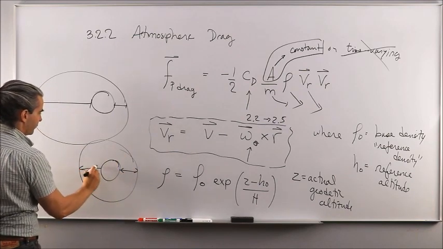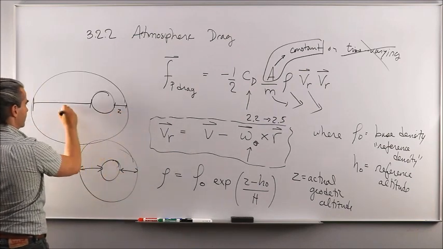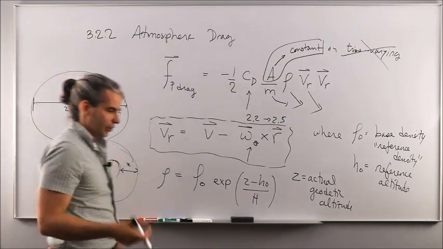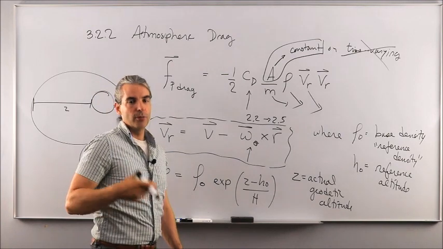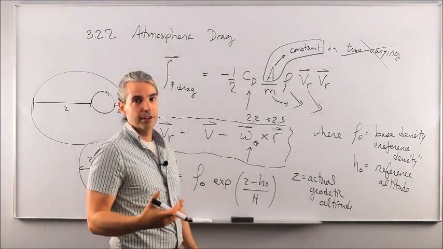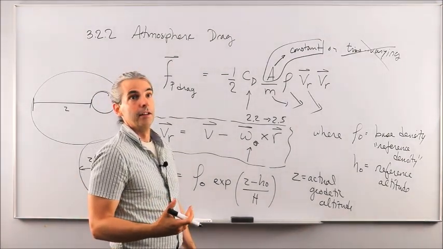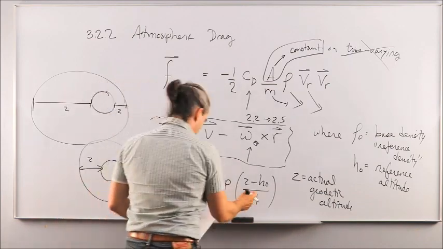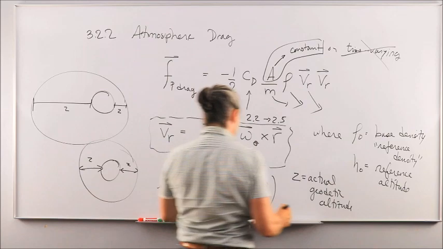Okay? This is Z, which you get by just taking the norm of your position vector minus 6,378. Yeah, that is the radius of the Earth, okay? And capital H is your scale height.